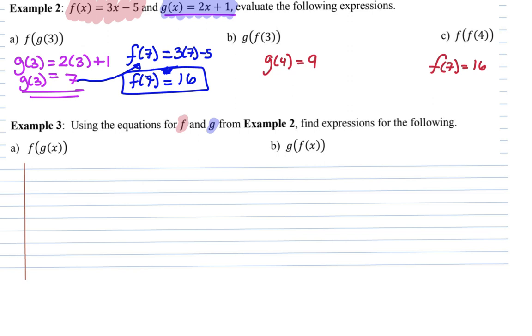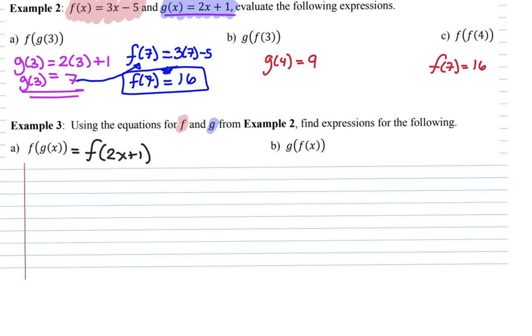So we're going to have that this is going to be f of 2x plus 1. Okay, so what happens is this g function becomes my x value. This whole thing becomes my x value for the f function. So now this is what I'm going to substitute into my f function for wherever I see an x.